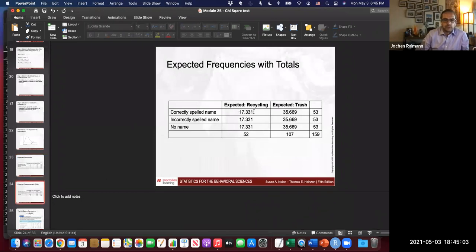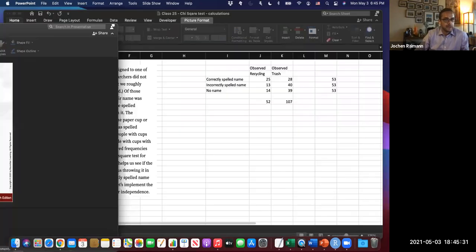If we were to determine for our cells, so this is outcome, right? So the outcome is recycling or trash. So we have 52 and 107. So if this were balanced between our exposure groups, we would need to divide our marginal total of recycling by the number of groups. And then we get a balanced count.